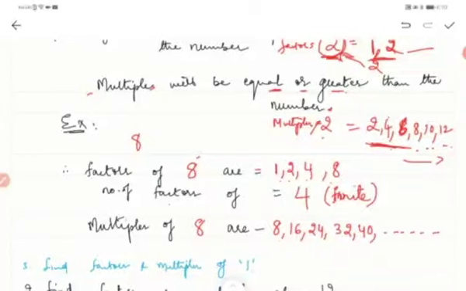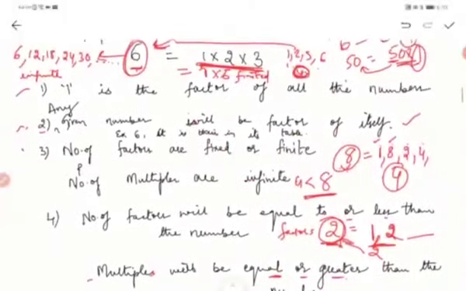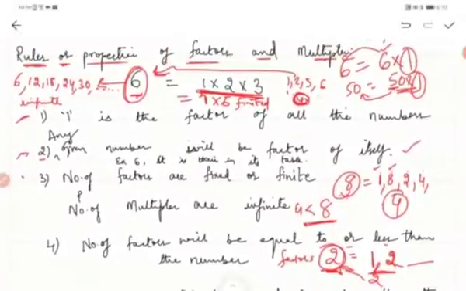So you have so many multiples of 8, that is, they are infinite. We don't have any fixed number of multiples, but we have a fixed number of factors. That is what the rules I had given explain. So these are the rules, or you can say properties, of factors and multiples.